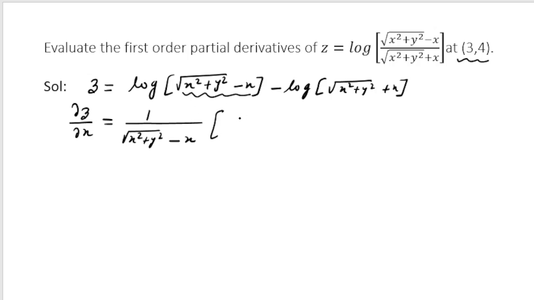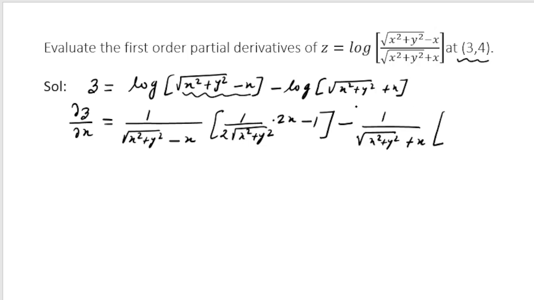Derivative of under root x is 1 by 2 under root, and here it will be 2 under root x square plus y square, and derivative of x square is 2x. And if I differentiate this minus x term, I will get minus 1. And here if I go to the next term, I will get 1 by under root x square plus y square plus x.